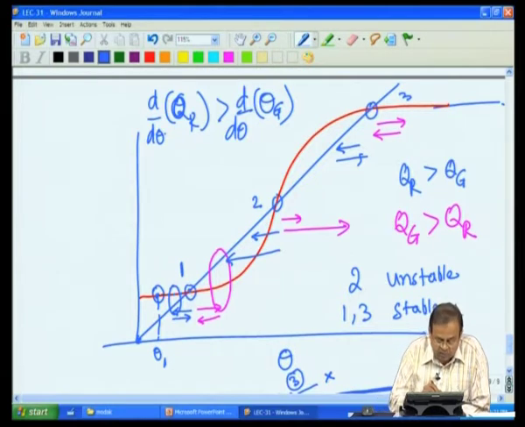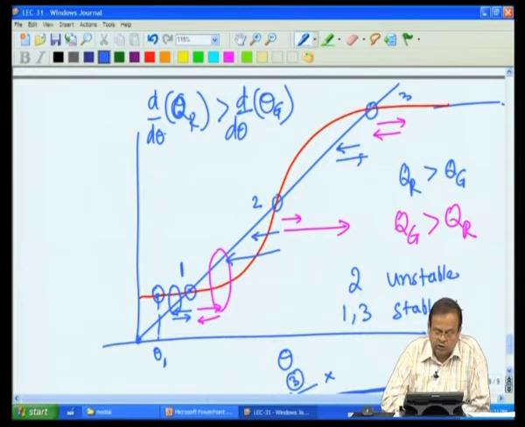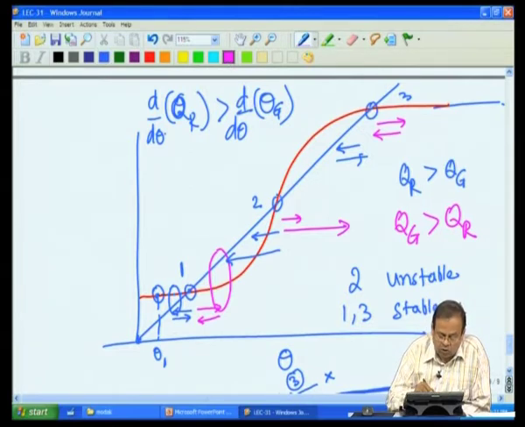I see that the same is the case at steady state 1, that is, the slope of the heat removal line is more than the slope of the heat generation line. But is that the case at steady state number 2? I see the contrary.